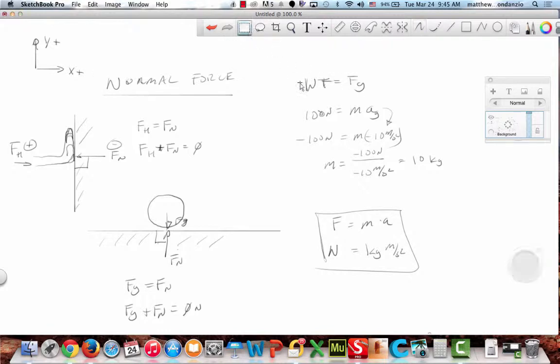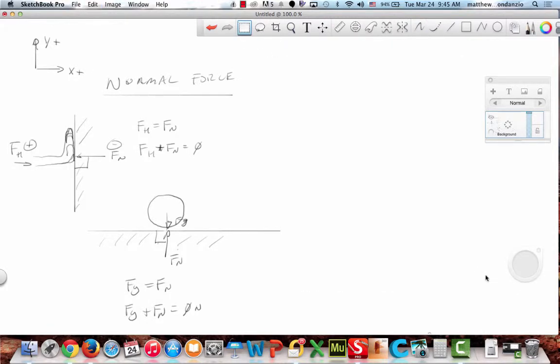Now, trick question. Let's say I have a ramp, okay? And let's say I have a ball again, and the ball's going to roll down. It's going to start to roll.